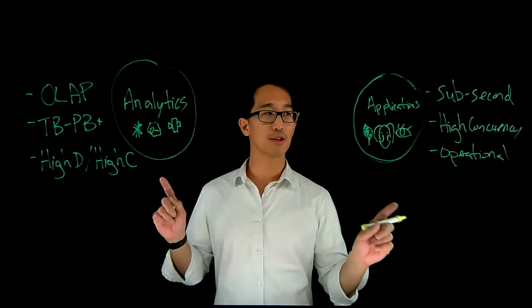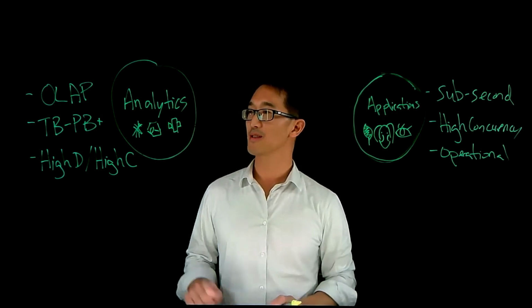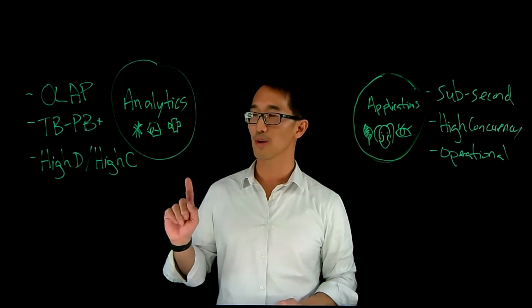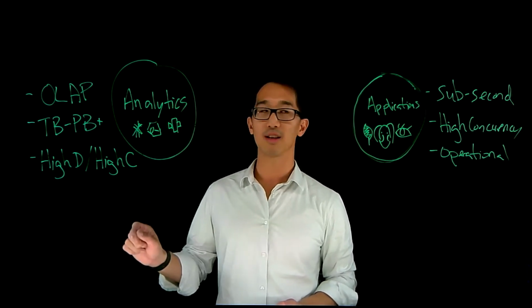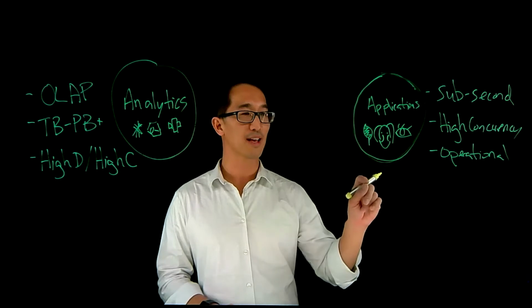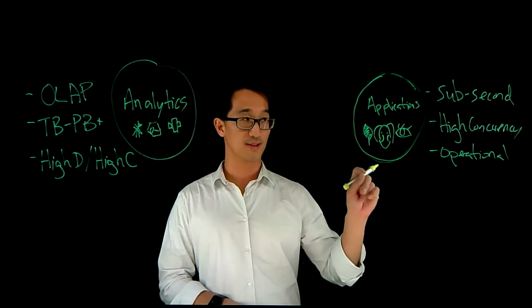Now, when you look at these two different use cases, they couldn't be further from the same. Because in the world of analytics, you're dealing with batch data where you don't have the highest performance sensitivity. But in the world of applications, you're dealing with operational data that has the highest performance sensitivity.